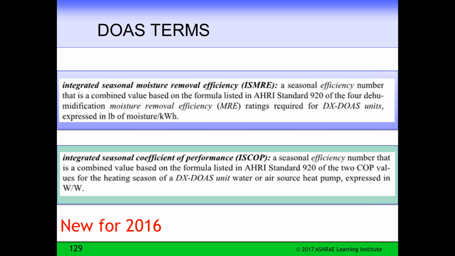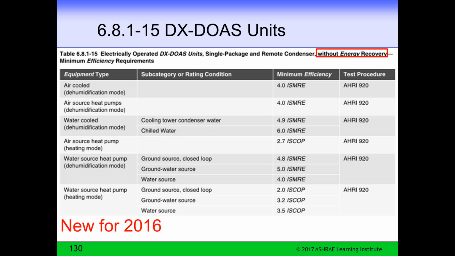And again, we do the same thing with integrated seasonal coefficient of performance values for the heating season, DX/DOAS unit, air or water source. We think that a big part of the requirements for DOAS is not just how efficient they are on sensible cooling. It has a lot to do with removal of moisture from the air, which is one of the reasons we're using it. So we have some new requirements.